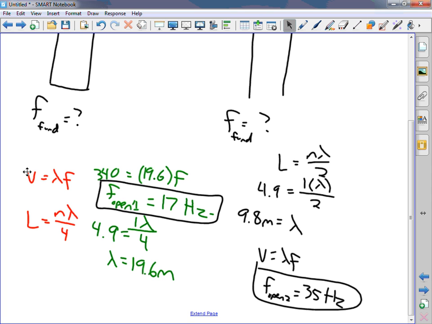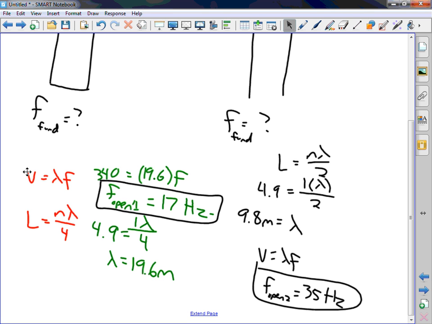The advantage to being closed on one end is you actually get lower notes. What's the disadvantage to being closed on one end? Well, the sound's going to come out and disperse. There's only certain harmonics you can play. There are only certain notes that pipe can hit, because of the harmonics. In fact, it ends up skipping certain ones.